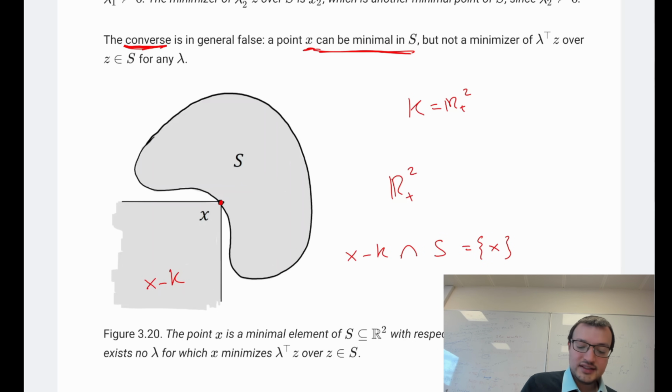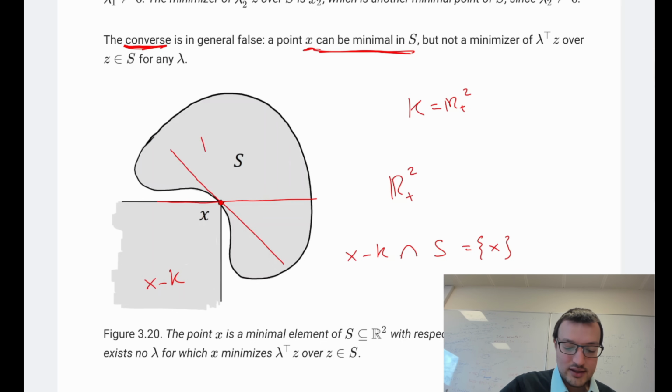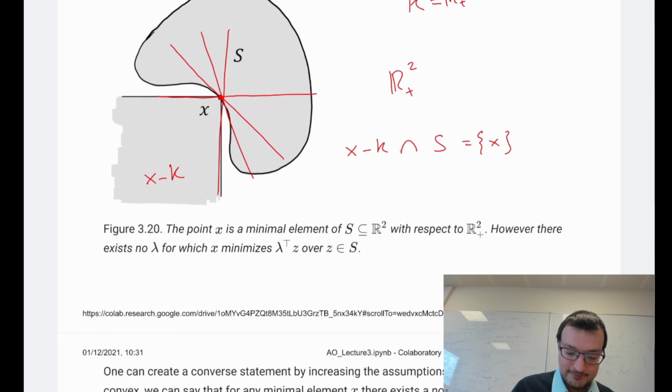So this is the case here. So x is a minimal point, but there exists no supporting hyperplane here. If I trace this hyperplane, this is not a supporting hyperplane, and if I trace this one, this is not a supporting hyperplane because it's cutting through S, right? So whatever plane I put is never going to be a supporting hyperplane because it cuts through S.